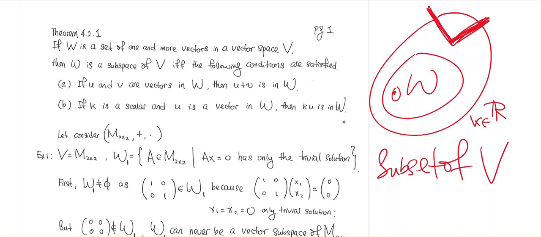If we can do that, then W is not only a subset of that vector space V, but in fact also a vector space, hence a vector subspace of V.